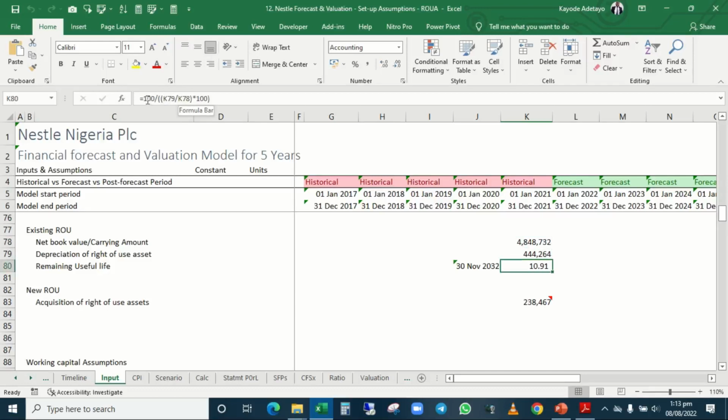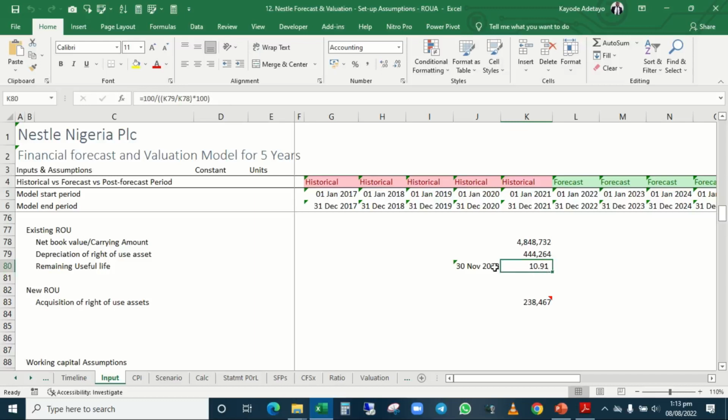So how do we do that? We take 100 and divide by the depreciation rate, and in trying to remove the percentage on the depreciation rate, we multiply by 100, so that if it is 5%, it will just give us only 5. So 100 divided by 5 will then give us a useful life of 10.9 years.